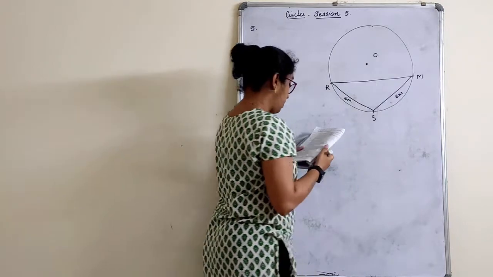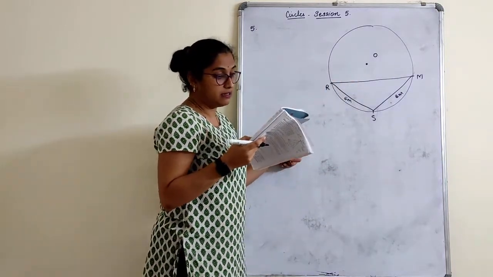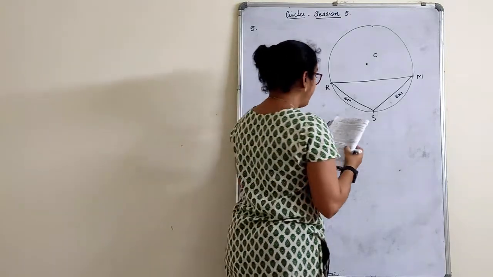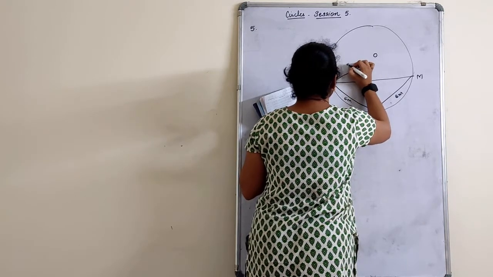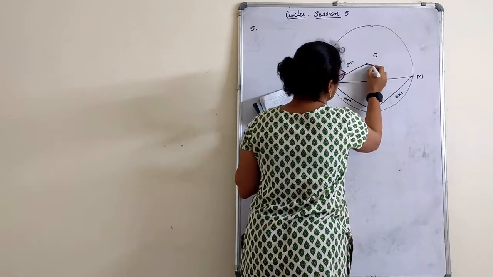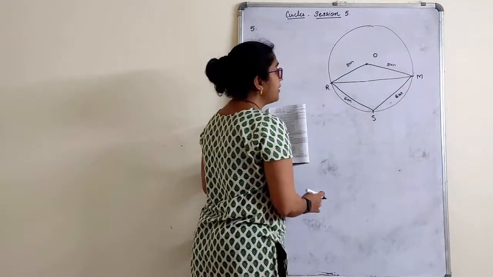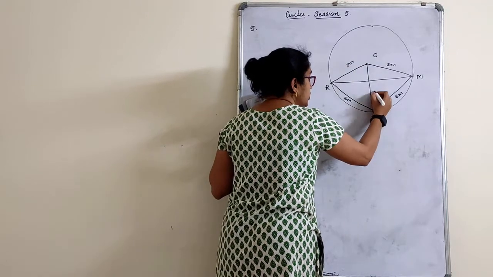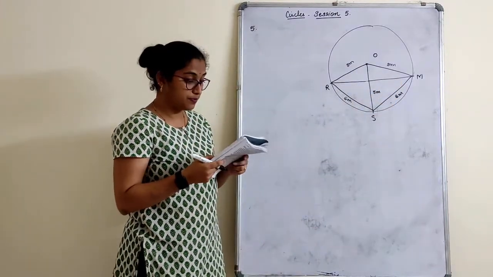Three girls, Reshma, Salma, Mandeep, are playing in a circle of radius 5 meter drawn in a park. So, if I have to consider, this is 5 meter. This is 5 meter. And if I also draw this, which is 5 meter radius.